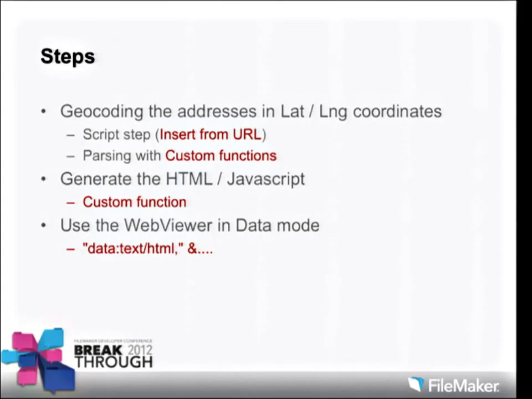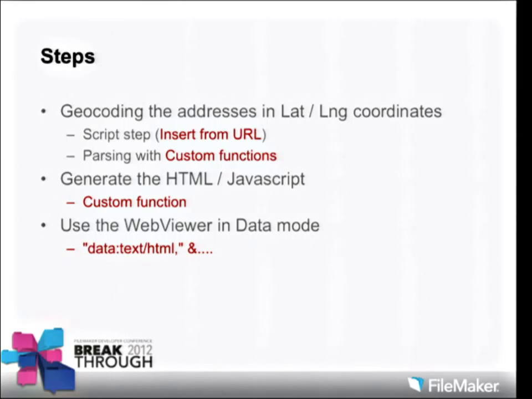Then I will parse that information using custom functions. Why, again, custom functions? Because it's reusable. You can actually copy this from file to file. And instead of using the web viewer in the way that I was using it since the beginning, I'm not going to request the Google Maps API directly in the web viewer. What I will do is use something that is called within FileMaker the data mode of the web viewer. So instead of going to a URL, I will actually generate an HTML document inside FileMaker.